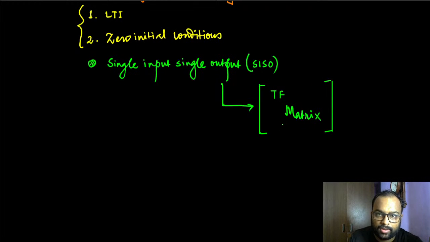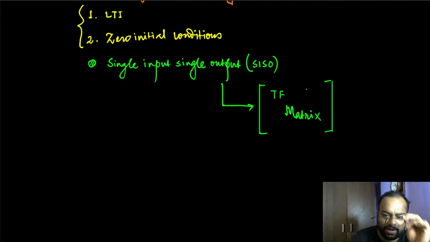Similarly, if I have 3 inputs and 2 outputs, then we have a transfer function matrix that has 6 elements in it. So literally we are dealing with 6 different transfer functions, one relating one input to one output.